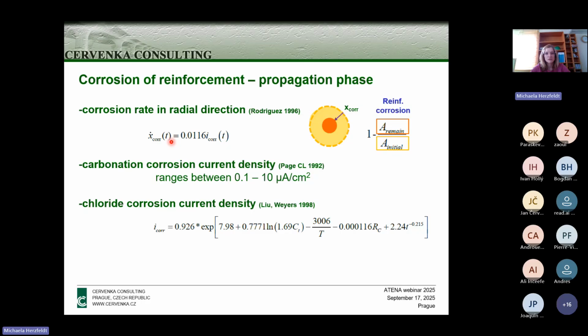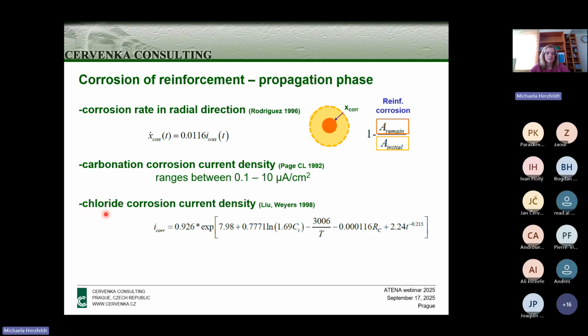And this corrosion rate depends on corrosion current density, how it is developing in time. And it's different for carbonation and chlorides. So for carbonation, that corrosion current density ranges between 0.1 to 10 microamperes per square centimeter. And it basically depends on the relative humidity of concrete that you enter as an input parameter.